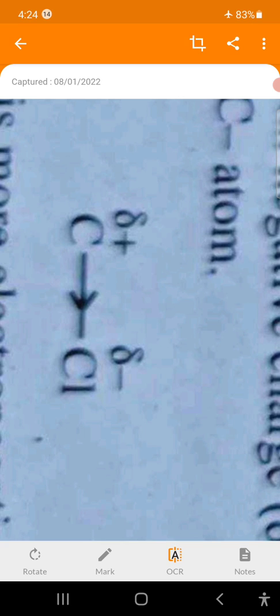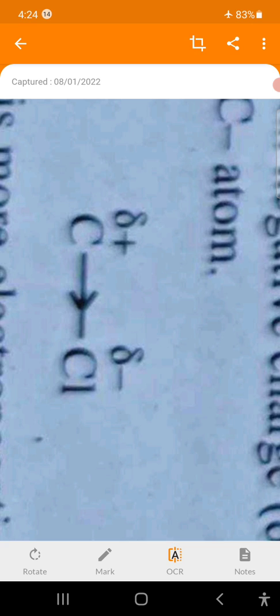The electron density is shifted towards chlorine, so chlorine acquires a delta negative charge and carbon acquires a delta positive charge. This situation is known as the inductive effect.